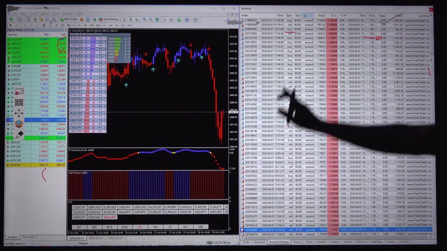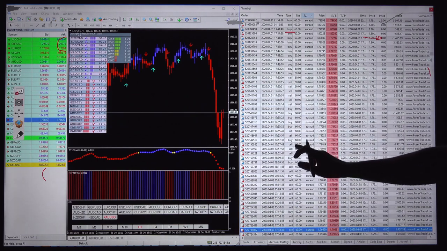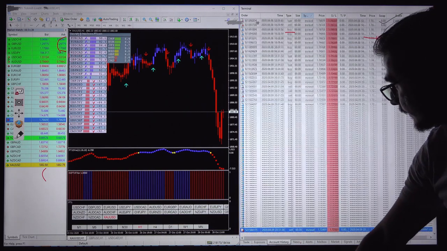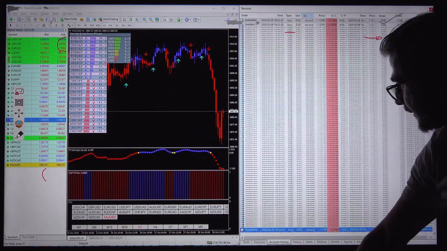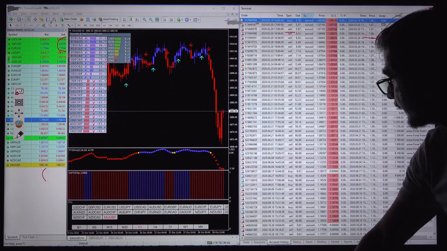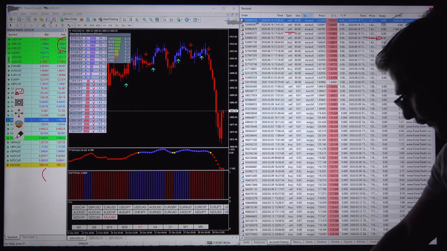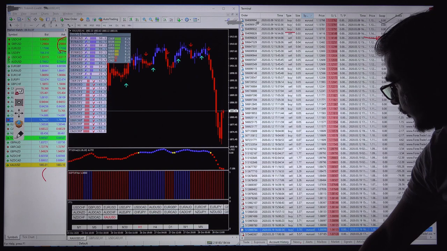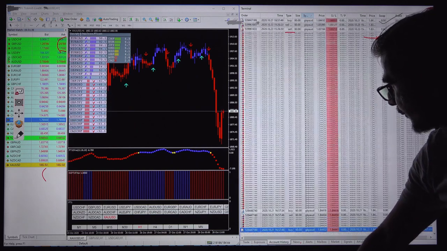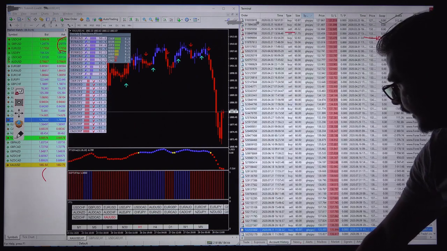And see the lot size now increased from 0.01 to 60 lot. We'll see this is the Euro JPY, Euro CHF, Euro OD. So almost 28 pairs have been taken here, Euro USD, GBP OD, GBP JPY, and so on.